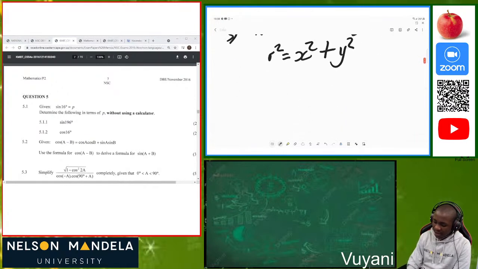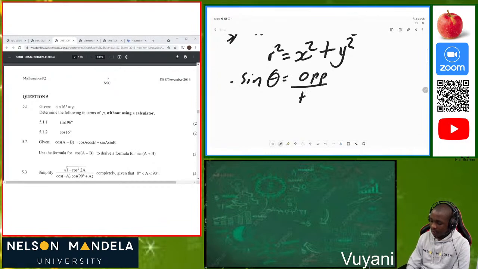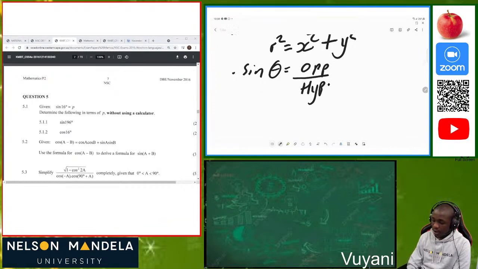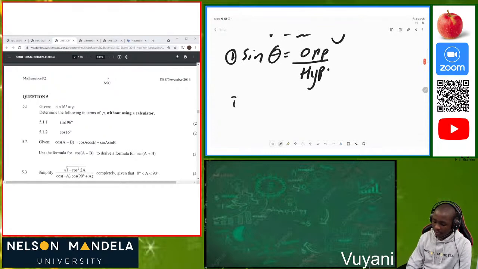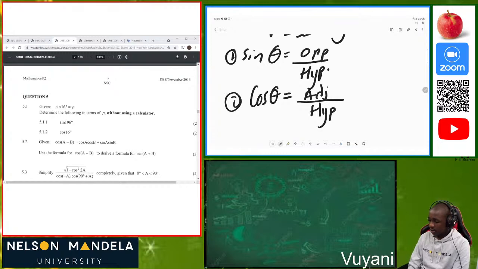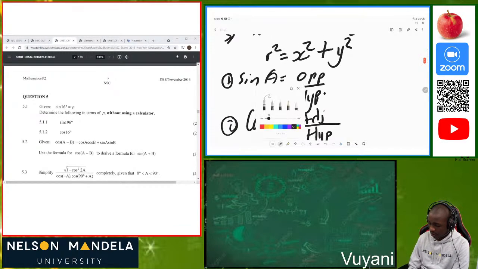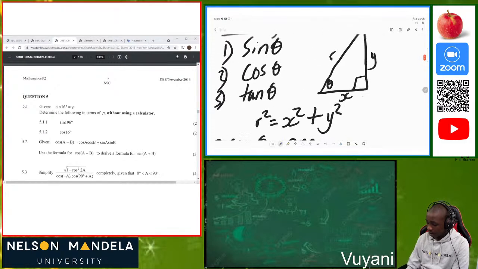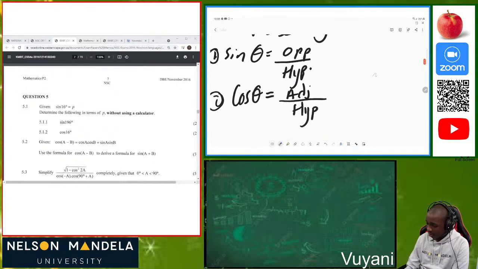We know that sine of theta is opposite over hypotenuse. We know that cos of theta is equal to adjacent over hypotenuse. Let me highlight this as well on our table. Let me draw something here next to us.